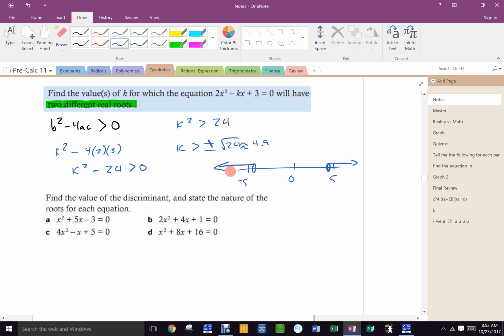Because same thing you just asked about. Negative 5, when you square it, becomes positive 25. 25 minus 24 is 1, which is greater than 0. So I'm allowed to have negative 5 and everything on the other side of it. Everybody good? Going once. Going twice. Going thrice.